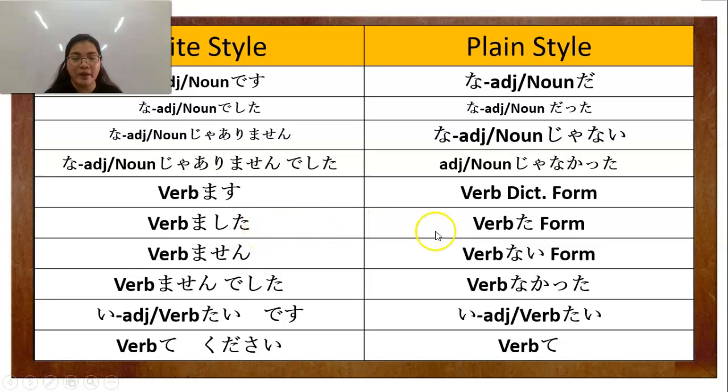Verb mashita becomes verb ta form. Verb masen becomes verb nai form. Verb masen deshita becomes verb nakatta. Verb tai des becomes verb tai. Verb te kudasai becomes verb te.